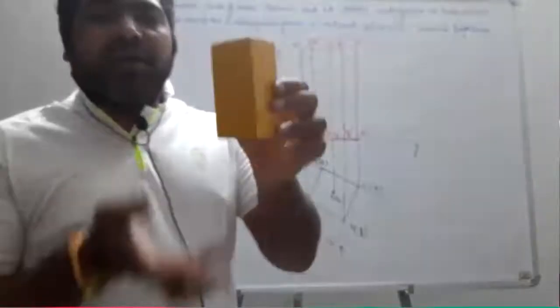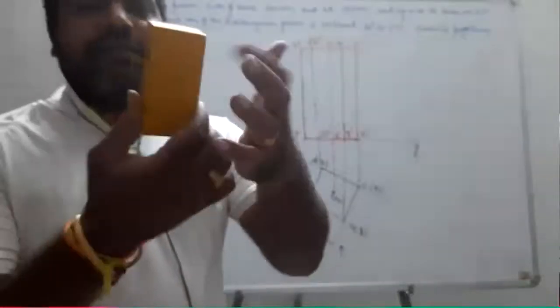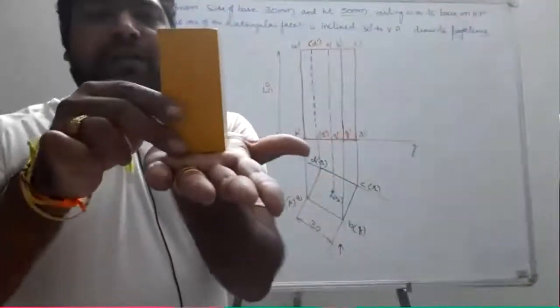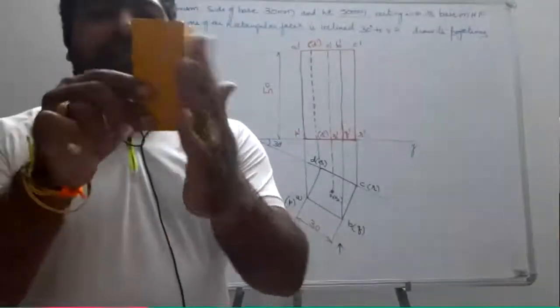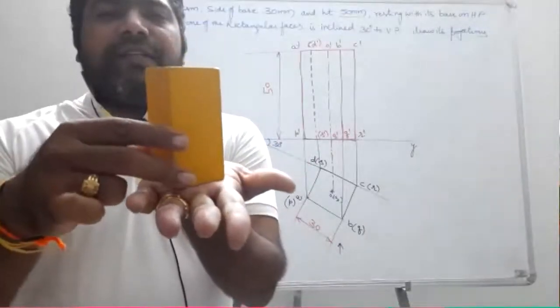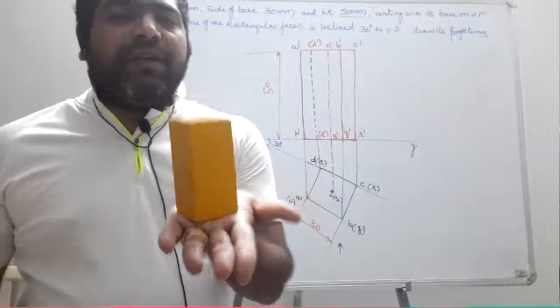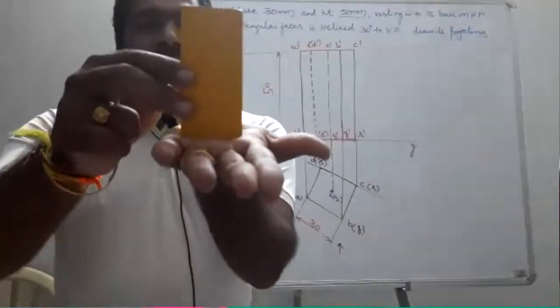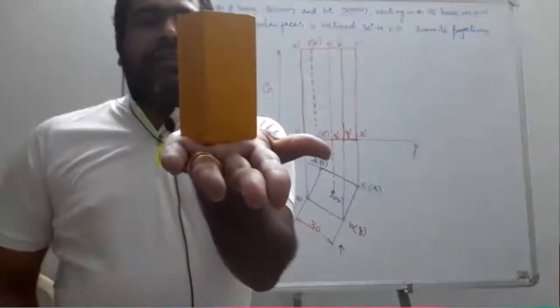Having two bases, I call it a square prism. These are the rectangular faces. Okay, so resting on HP, and let us consider one of the rectangular faces is inclined 30 degrees to the VP. When your face is inclined 30 degrees to VP, the simple position is like this. It is tilted for 30 degrees.